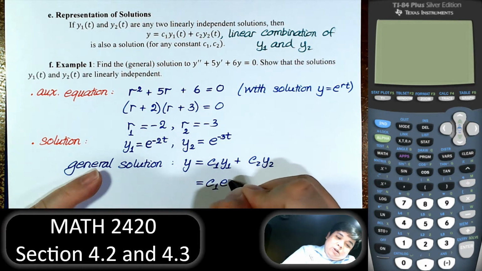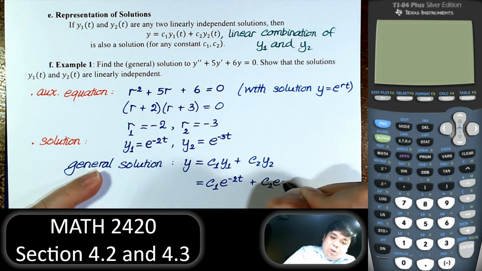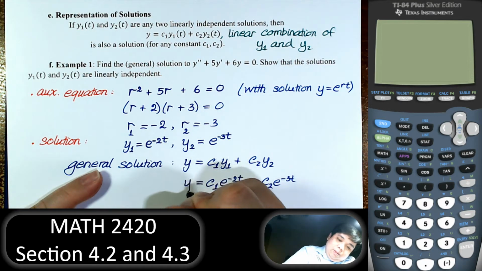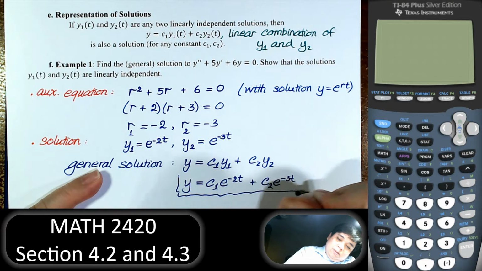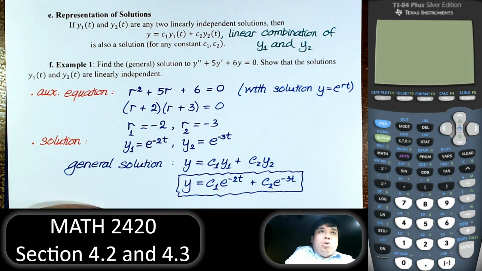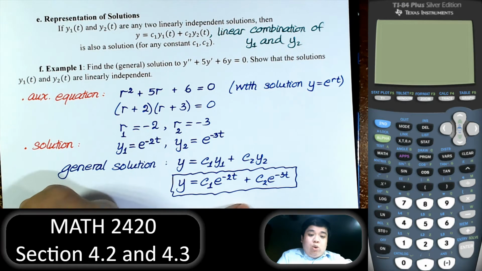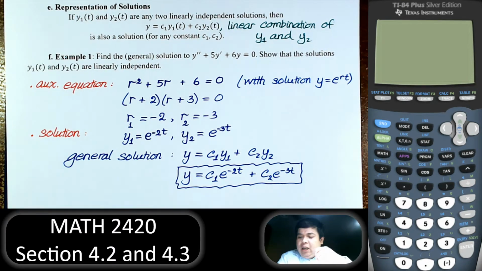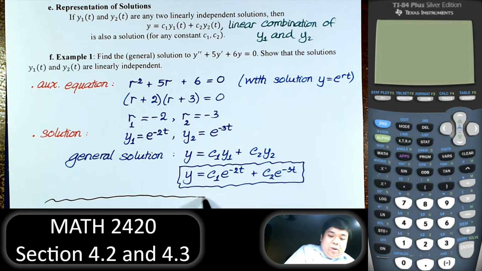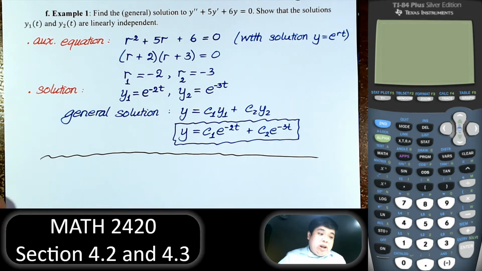So we have c1 e to the -2t plus c2 e to the -3t. So that is the solution. Simple enough. By the way, we can only do this if the solutions are linearly independent, right? We don't always need to check, but on this one, the first problem, we should check.